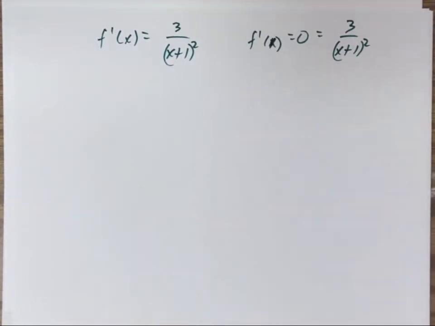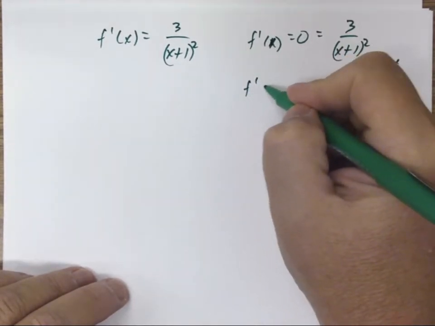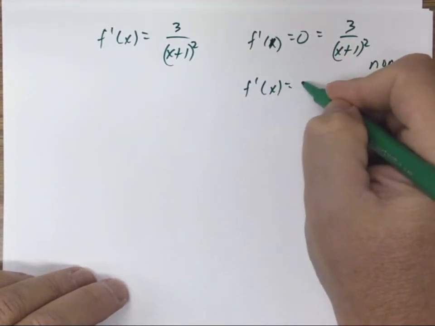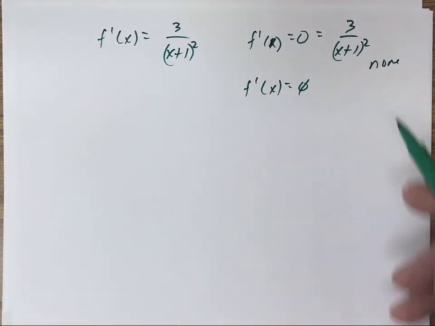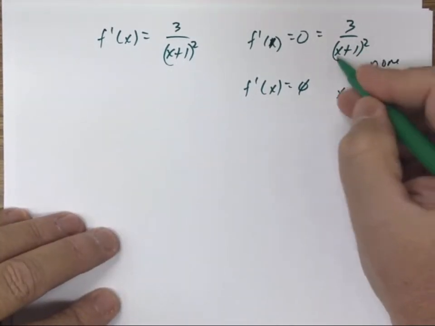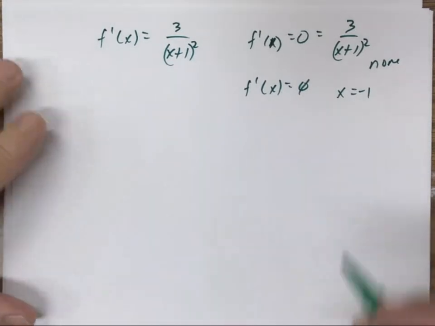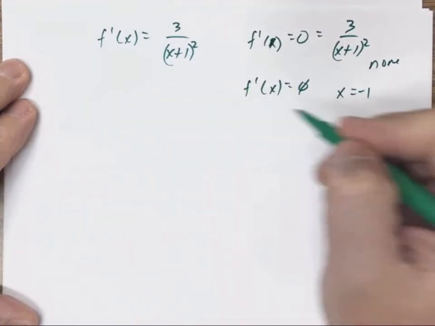There's no value of x that's going to cause that first derivative equals 0. So there's really none. However, now if I check if there are any values of x that make this undefined, there actually is, because -1 would cause the denominator to be 0, and then it would be undefined. So this is my critical point.